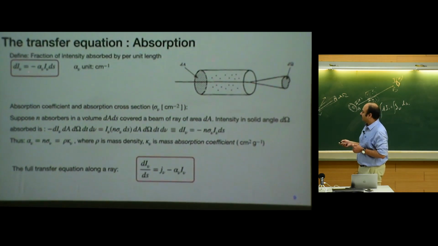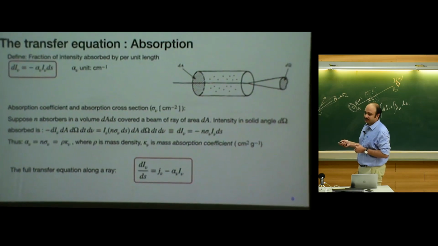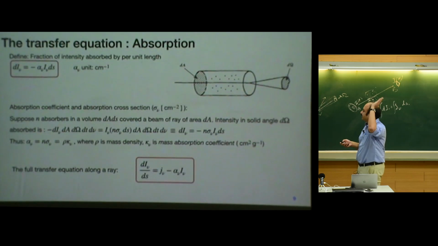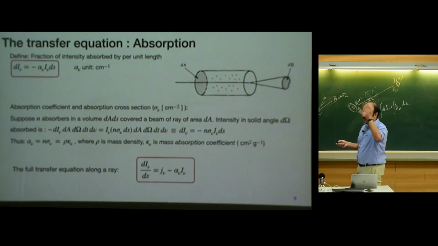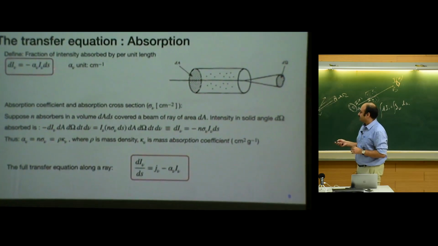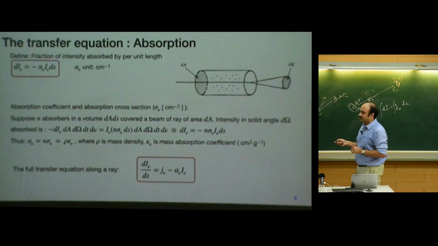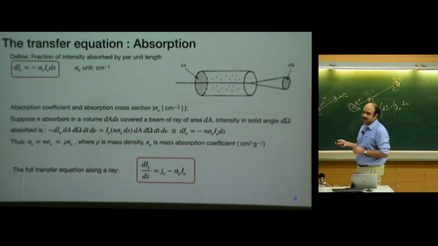Now again, pay close attention to the units. On the left hand side, you have the specific intensity, all the energy per unit time, per unit area, etc., etc. On the right hand side, you again have intensity, so you don't have to worry about all the other factors. Look at this alpha nu and ds. So you just have a unit of length here, so alpha nu has to be per unit length.